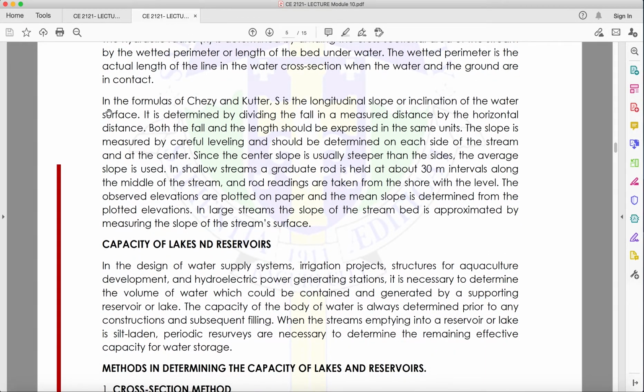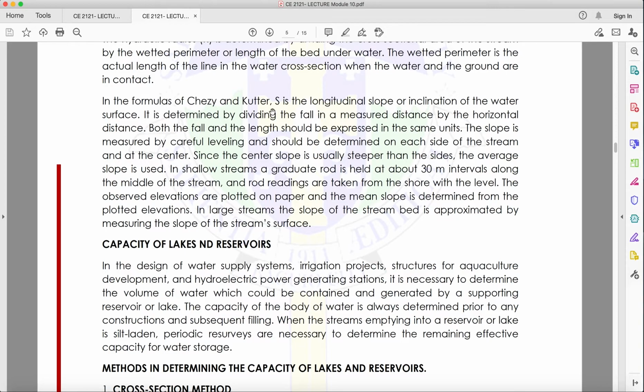In the formulas of Chezy and Kutter, S is the longitudinal slope or inclination of the water surface. It is determined by dividing the fall in the measured distance by the horizontal distance.